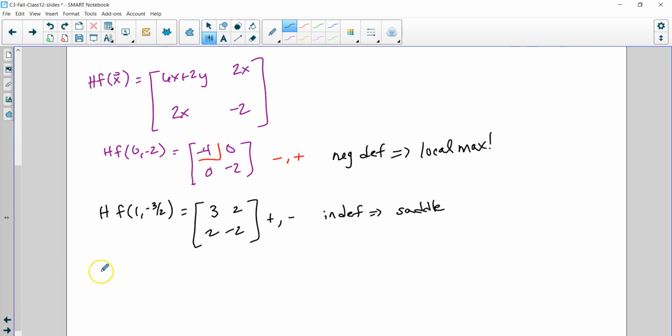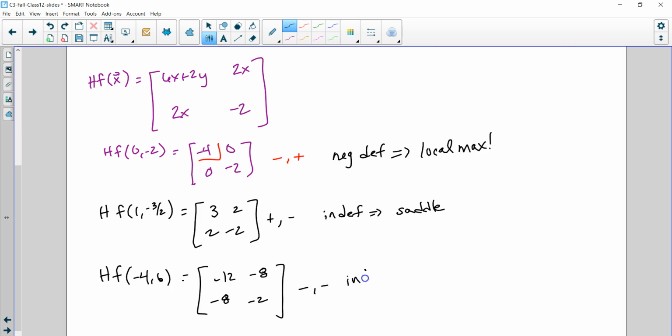Okay, and for my last one, the Hessian of f at (negative 4, 6) is equal to, do the calculation, negative 12, negative 8, and negative 2. So then I get negative and negative. I'll let you confirm.